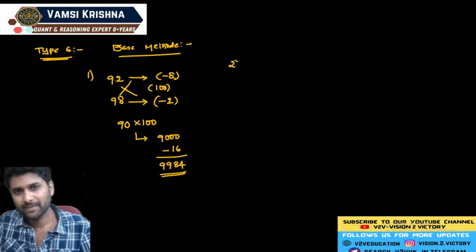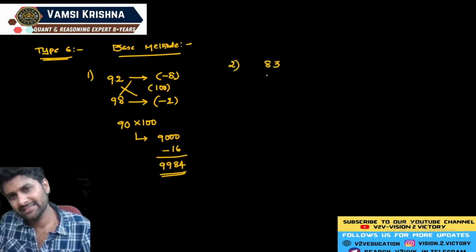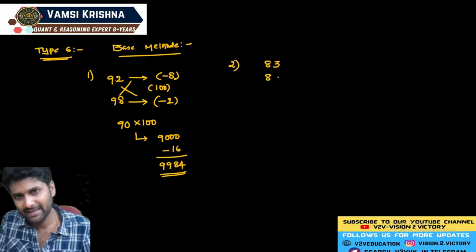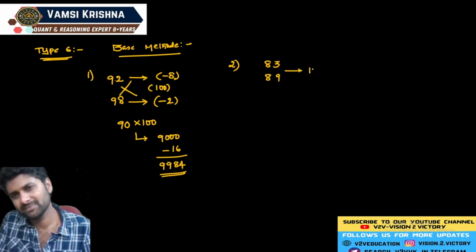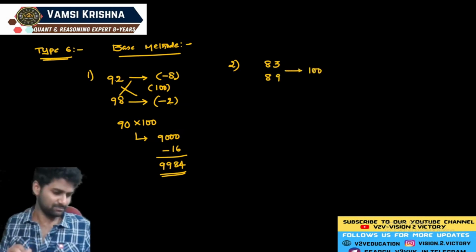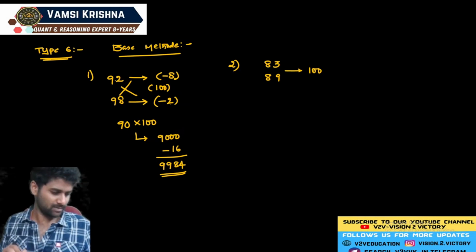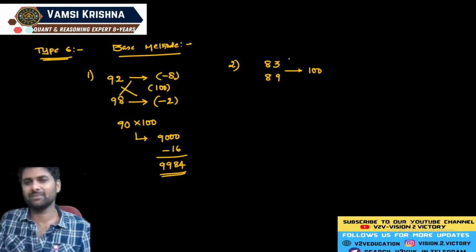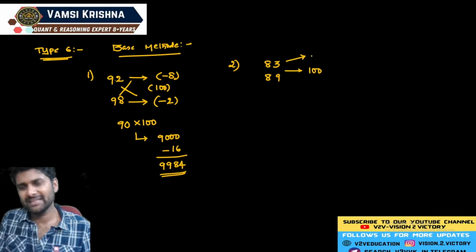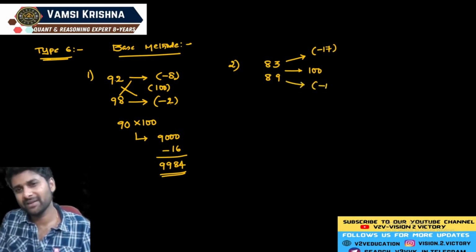For example, if 83 is multiplied by 89, take 100 again as the base number. Guys, if 100 is the base number, see, 83 is less than 100 by 17, and 89 is less than 100 by 11.